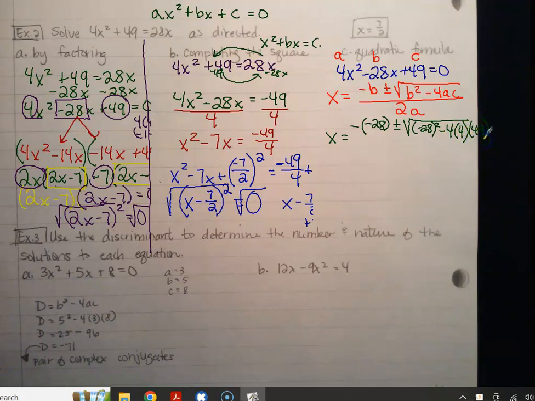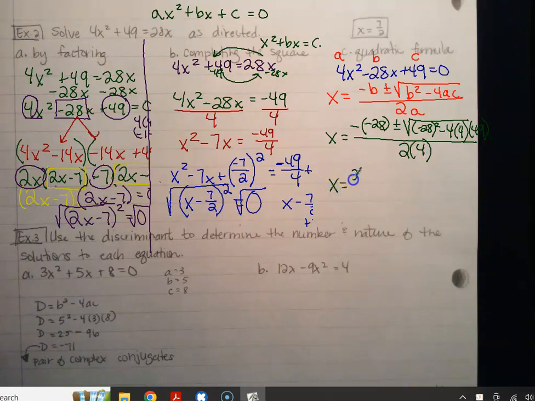Well, you can't hardly see that 49, so hopefully I don't forget it. Divided by 2 times 4. All right, let me check my work here. Negative 28 plus or minus the square root of negative 28 squared minus 4 times 4 times 49, divided by 2 times 4. Perfect. Just wanted to make sure I didn't make any mistakes.